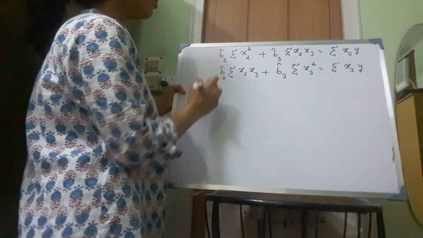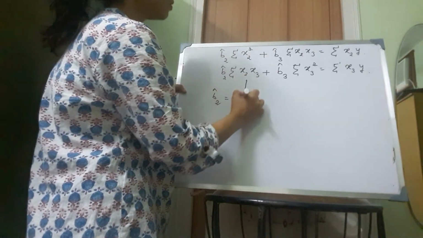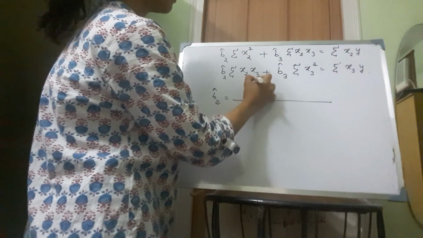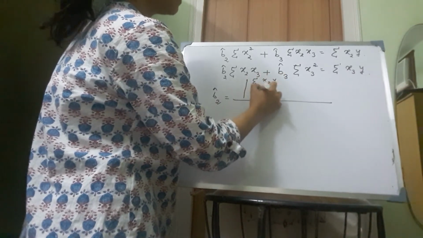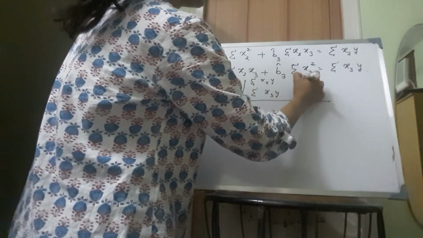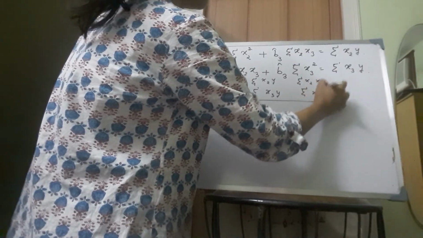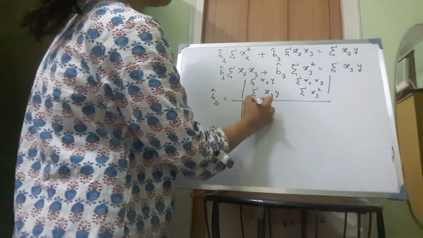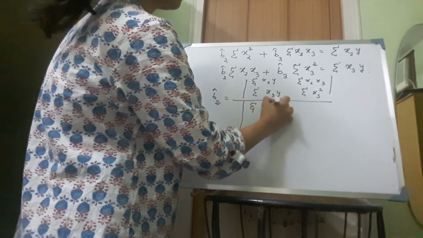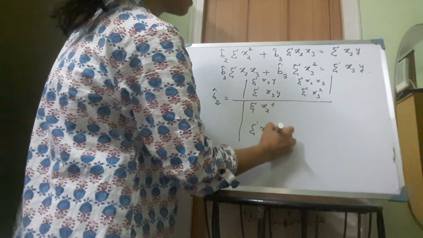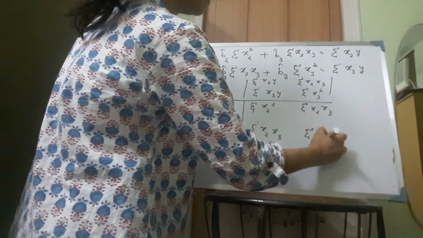Now if we apply the Cramer's rule here, then we can get the beta 2 hat and beta 3 hat. So beta 2 hat is equal to, in the numerator, the determinant of summation x2y, summation x3y, then summation of x2 x3 and summation of x3 square, and in the denominator we will get summation of x2 square, summation of x2 x3, then summation of x2 x3, then summation of x3 square.